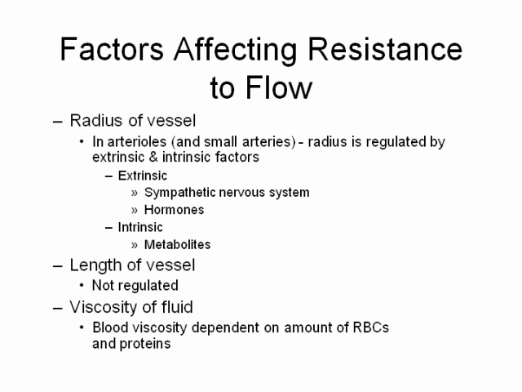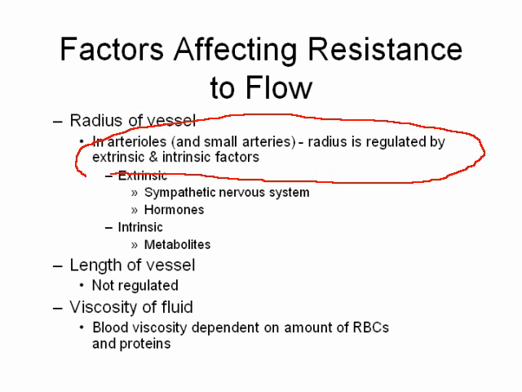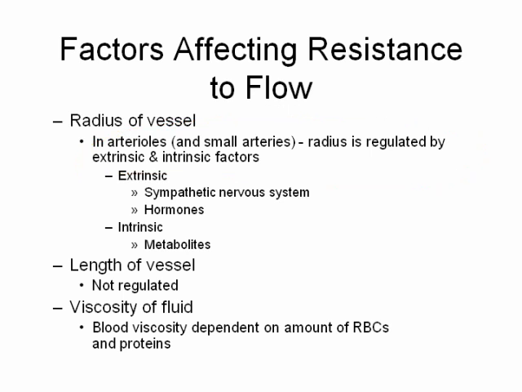Factors that affect the resistance to flow. The largest one is the radius of the vessel, or diameter of the vessel, if you like. In arterioles and small arteries, the radius is regulated by both extrinsic and intrinsic factors. The extrinsic factors include the sympathetic nervous system, as well as hormones. Intrinsic factors include metabolites.